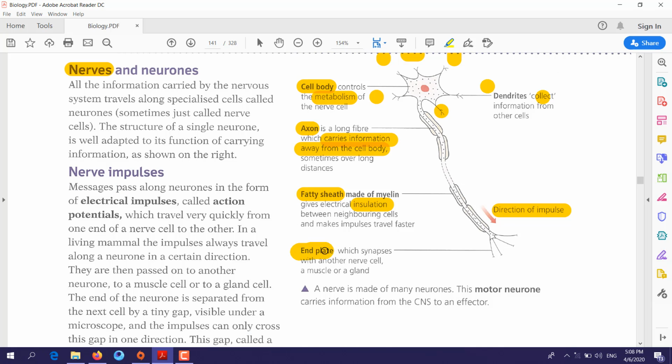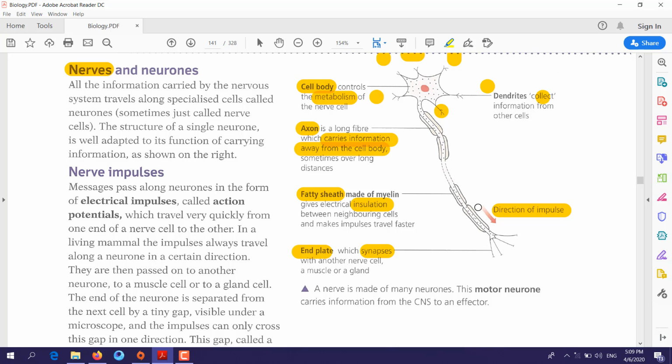End plate: the last part of the neuron, which synapses with another nerve cell or a muscle or a gland. What do we mean by the word synapses here? It connects with the next one. In our body, for example, the distance from your finger to your brain is not only one nerve. It's many nerves connected to each other.